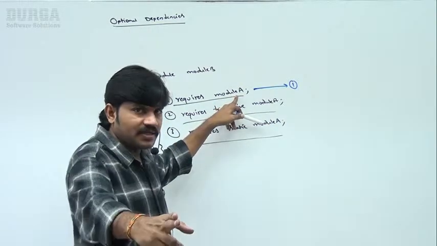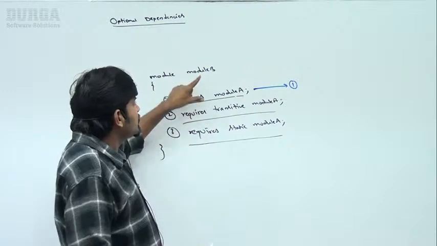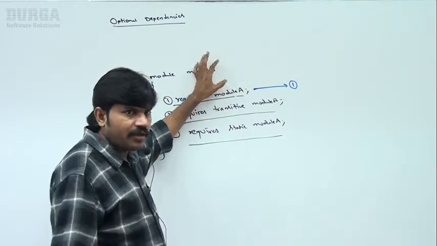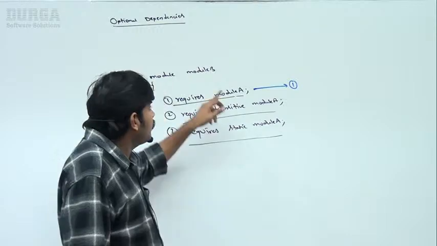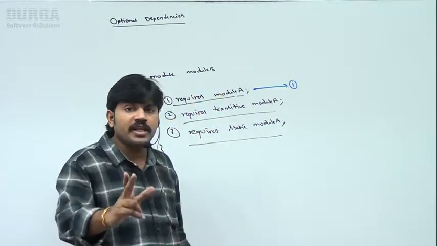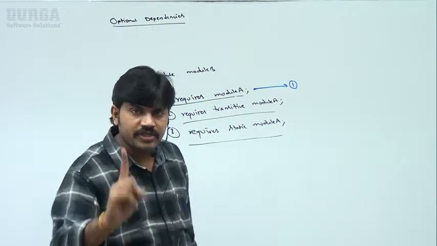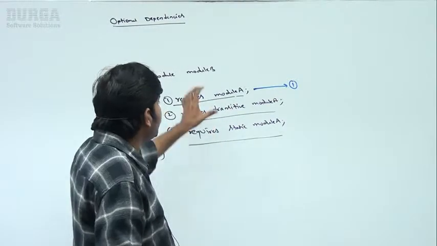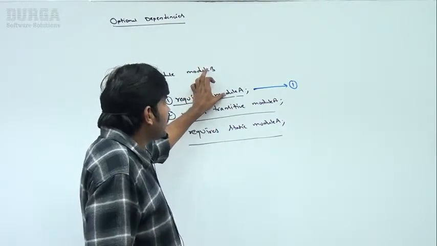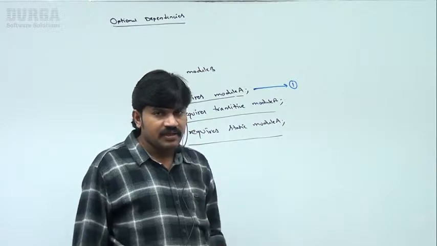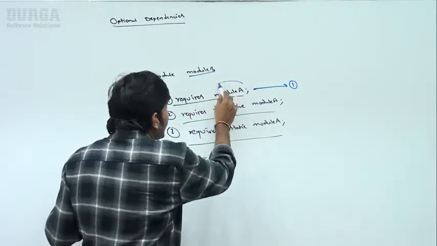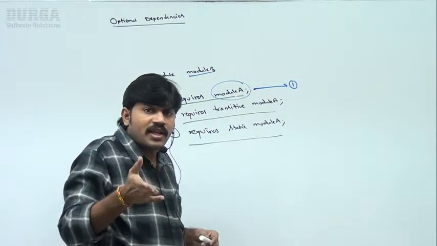At compile time, module B and module A both should be available. At runtime, module B and module A both should be available. The dependency check is mandatory at compile time and at runtime.